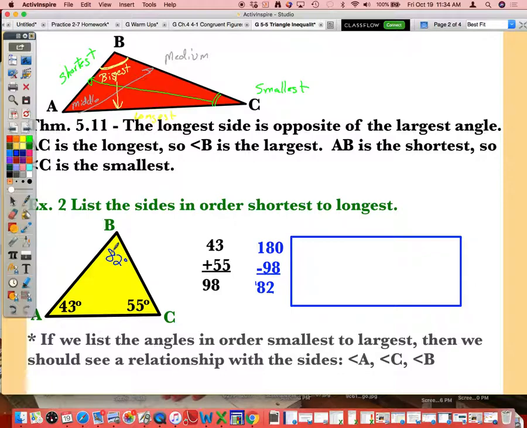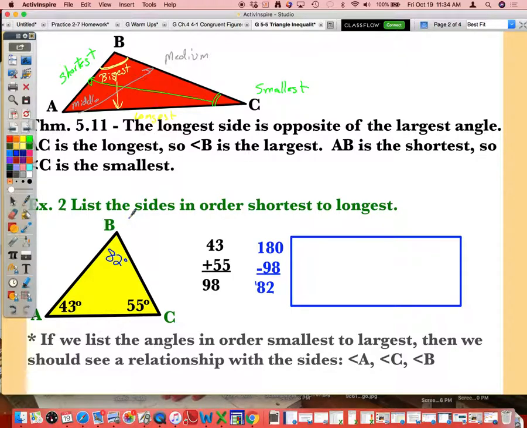It does me no good to do the work and let it sit out there. Angles go where? Inside. Sides go on the outside. All right, just refreshing. Now we want to list the sides in order from shortest to longest. So what is the smallest angle?